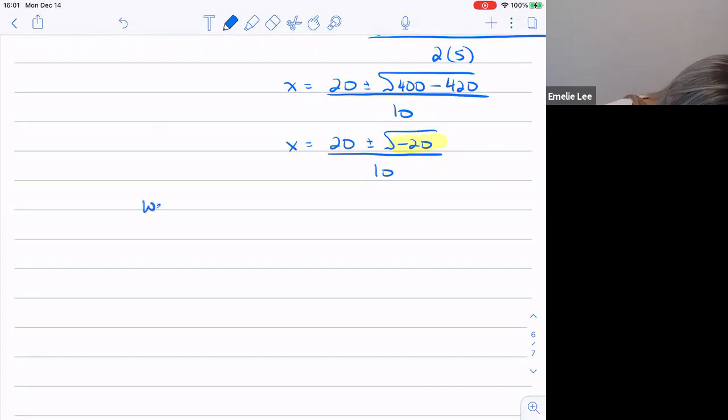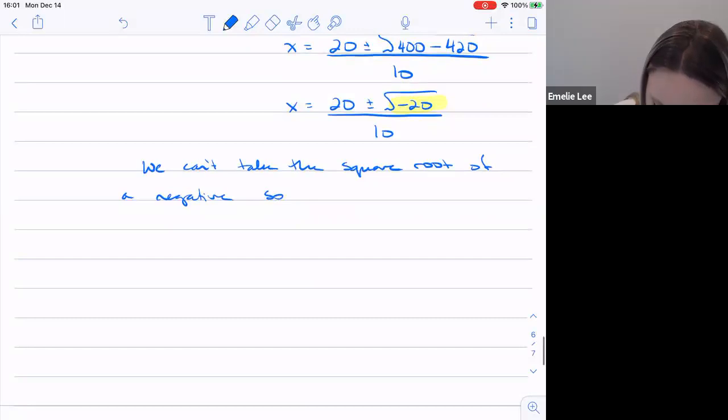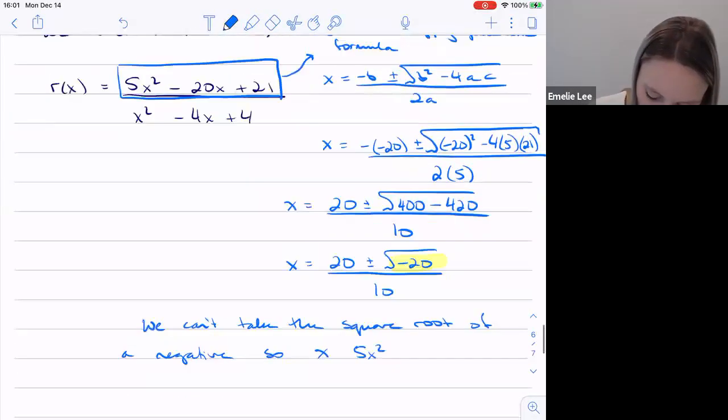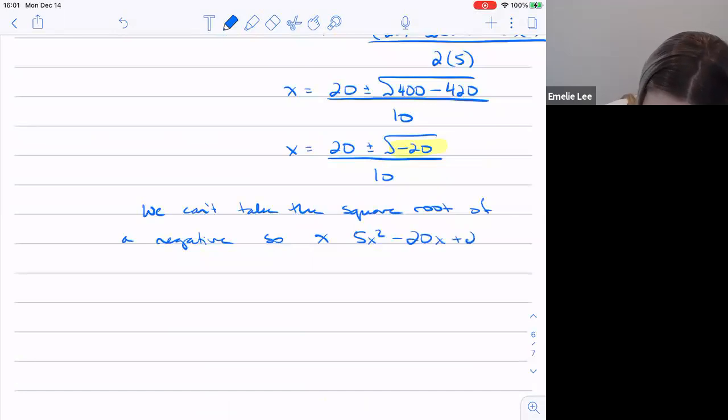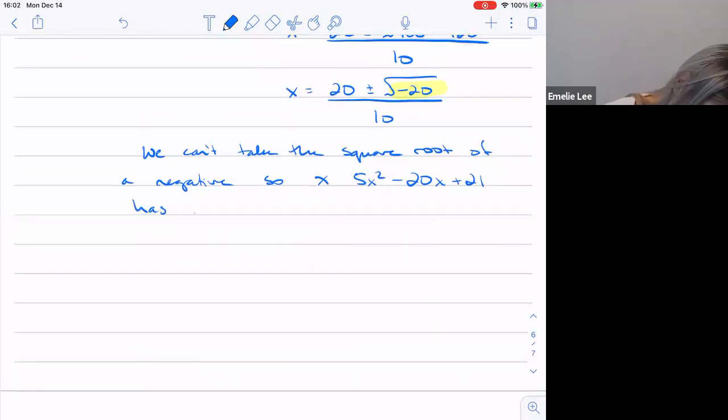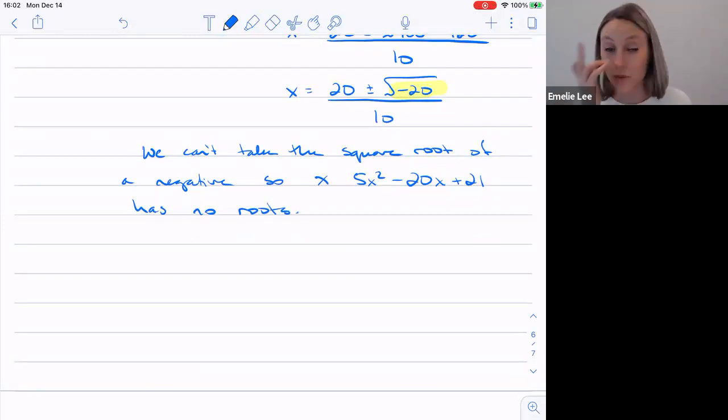So 5x squared minus 20x plus 21 has no roots. So we can't use those to factor. We don't have to factor it, that's okay.